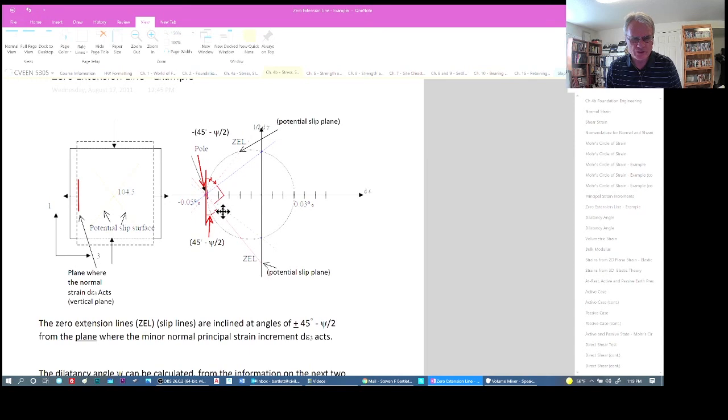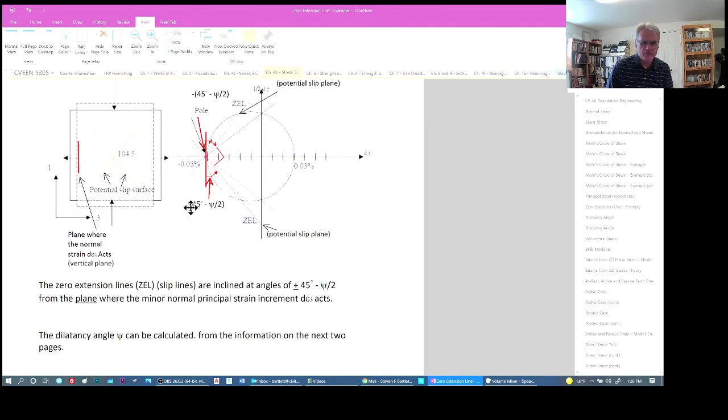And so these red lines here show the zero extension lines, or the orientations of these slip planes, and this happens to be 104.5 degrees inclination, measured from the horizontal over to there.